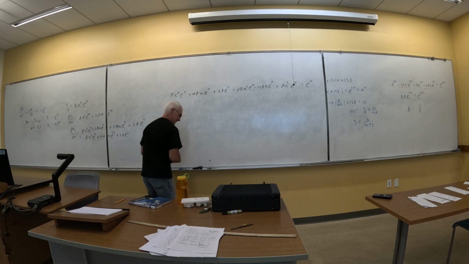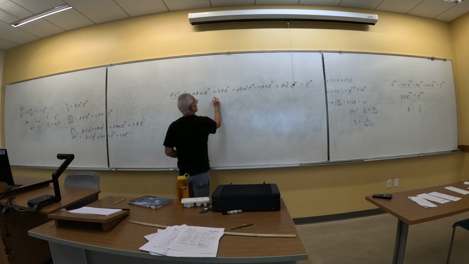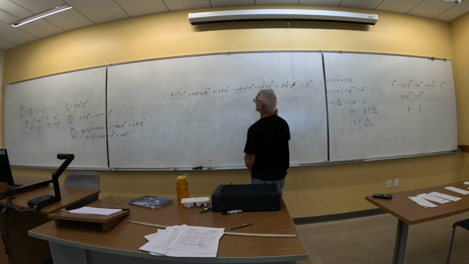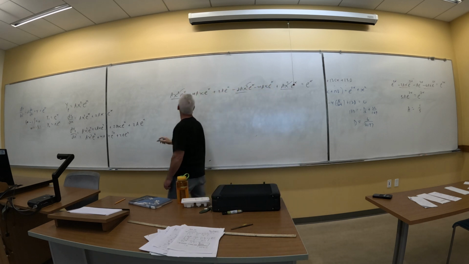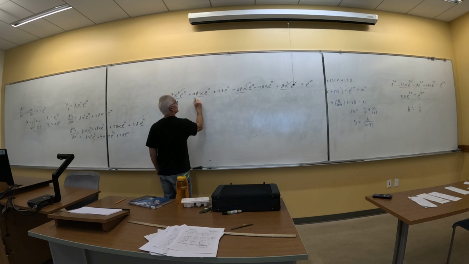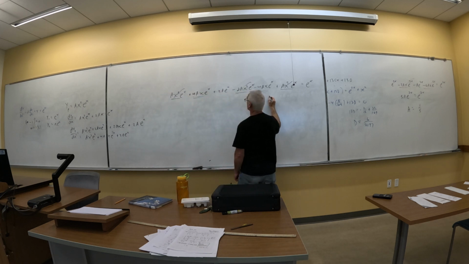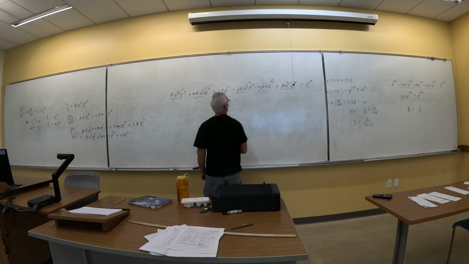So, let's see. There's the x squared, here we go. One of them minus 2 and plus one of them. All right, x terms. Crowd goes wild.